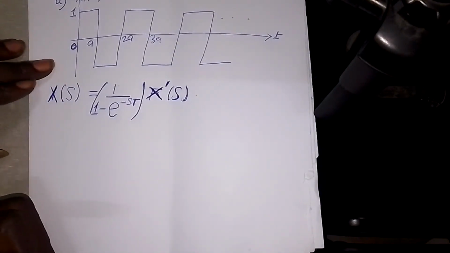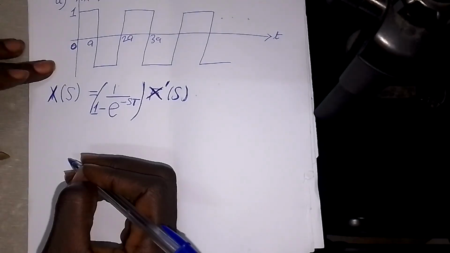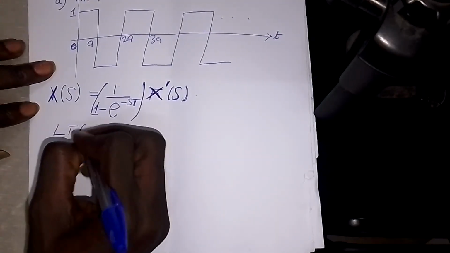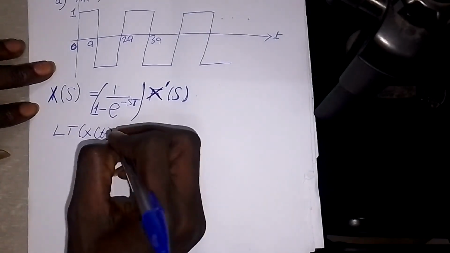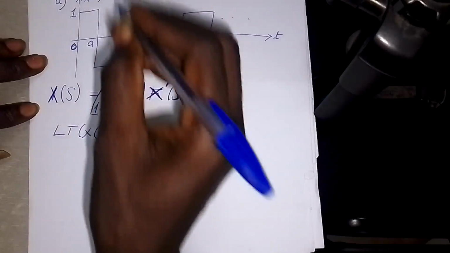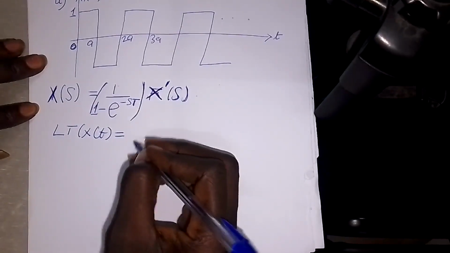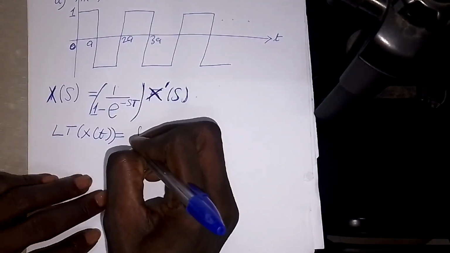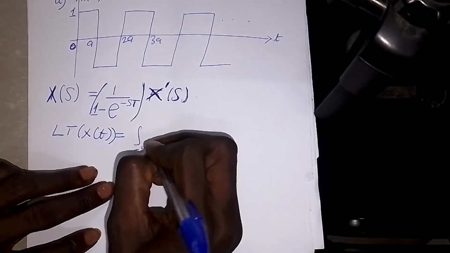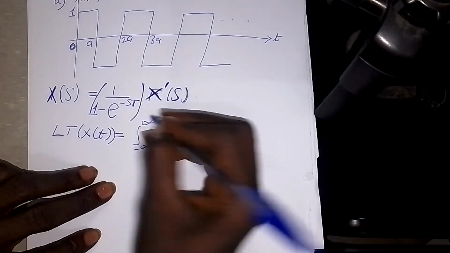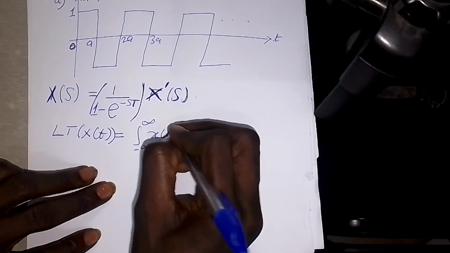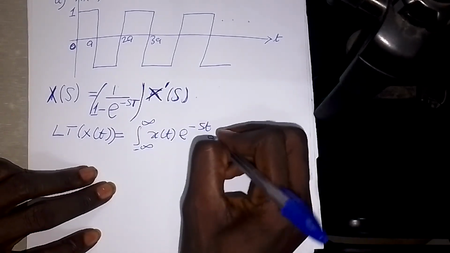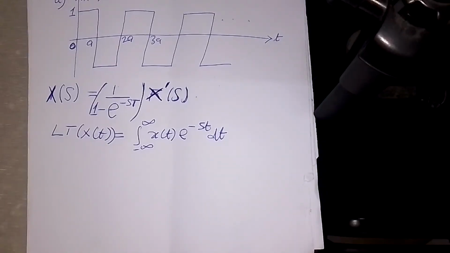Now here, I can have the Laplace transform of x(t) equals the integral from minus infinity to infinity of x(t) e to the minus st dt.